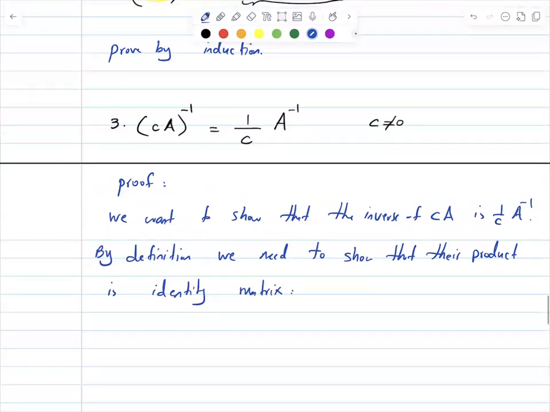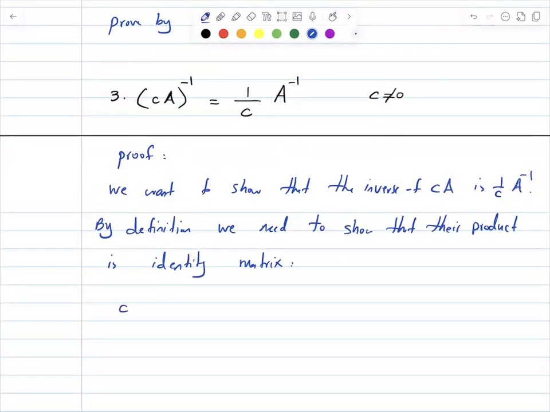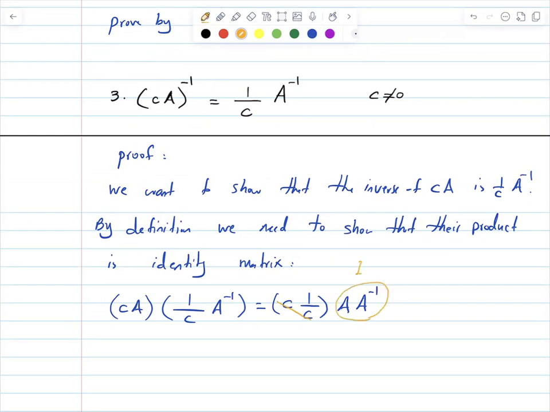So let's begin. If I multiply CA by this potential inverse, 1 over C times the inverse of A, remember the properties of scalar multiplication. You can group these together: C multiplied by 1 over C, and A multiplied by its inverse. C and 1 over C get canceled out, and the other part is nothing but the identity matrix.